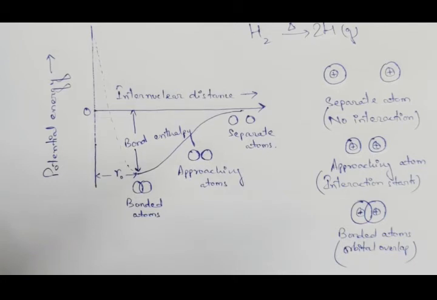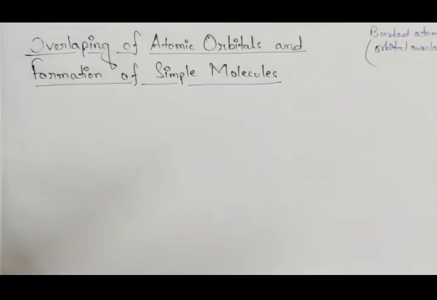Now we will learn how the overlapping of atomic orbitals takes place and how the formation of simple molecules takes place. Let me show you. When two atoms approach each other to form a bond, their atomic orbitals simply overlap. This overlapping can be of 3 types: positive overlap, negative overlap, and zero overlap.